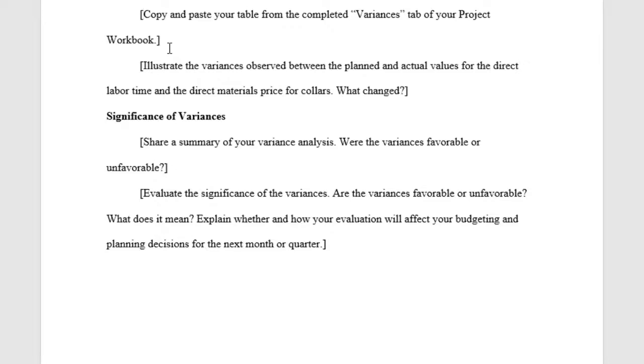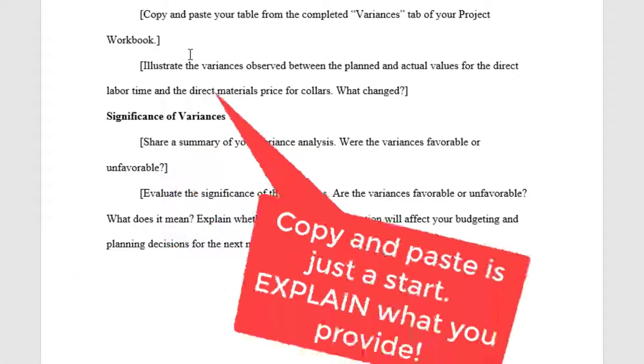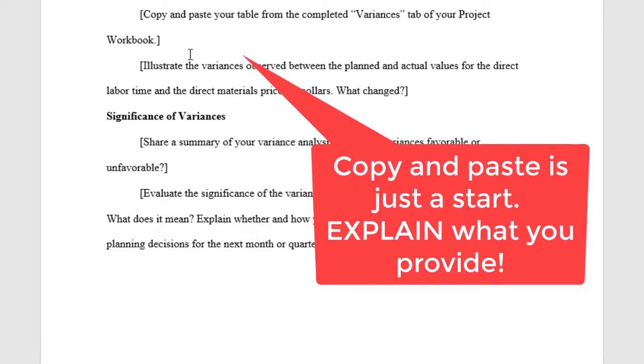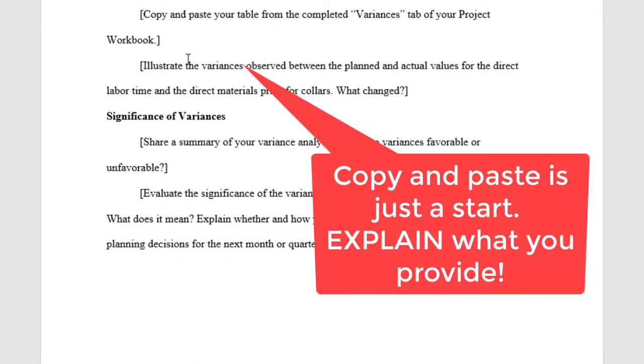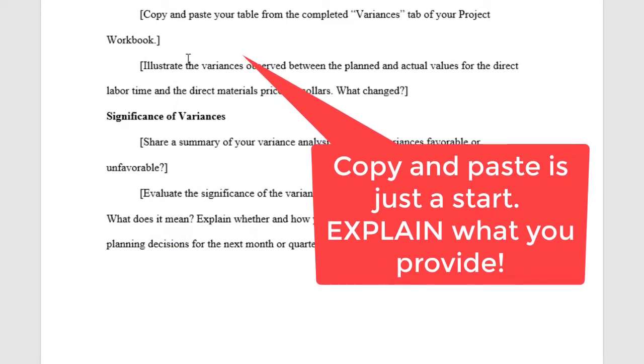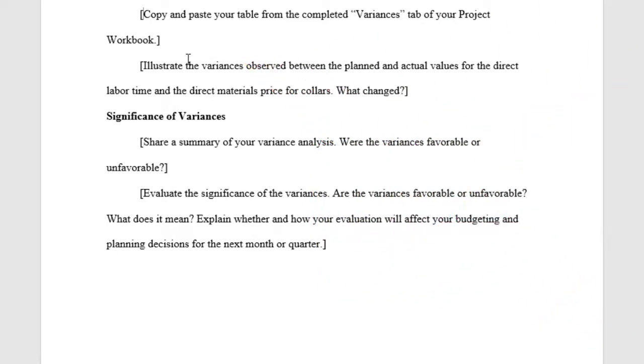Also, don't just copy and paste stuff. That's not what this is about. It's about explaining. If I just had a bunch of investors and I threw out some tables and said, figure it out for yourself, that wouldn't be very useful. So you need to explain everything that you provide in your own words, and make sure you reference anything that you need to. Any sources that you use should be referenced.